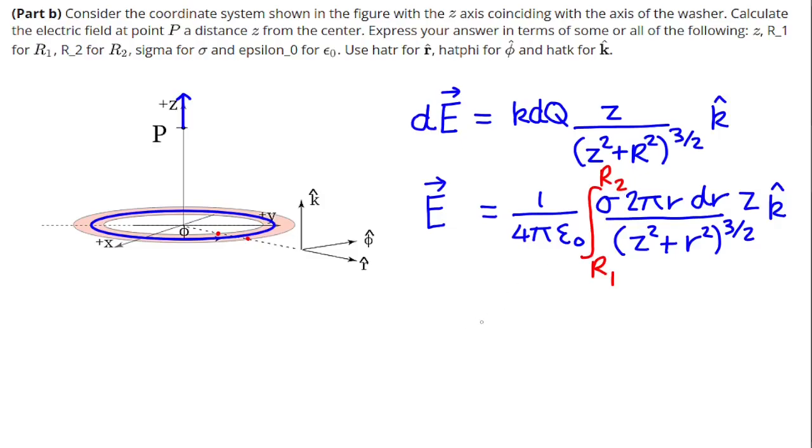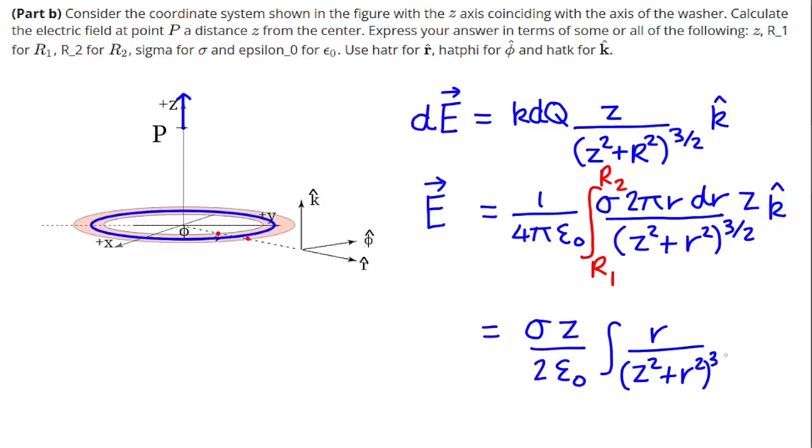If we take the constants outside the integral to tidy it up, we have sigma by z, and 2/4 is 2 in the denominator, pi cancels, and we have epsilon naught, and the integrand becomes r on z squared plus r squared to the 3/2. And the net electric field points in a z direction, and that's integrated from r1 to r2.